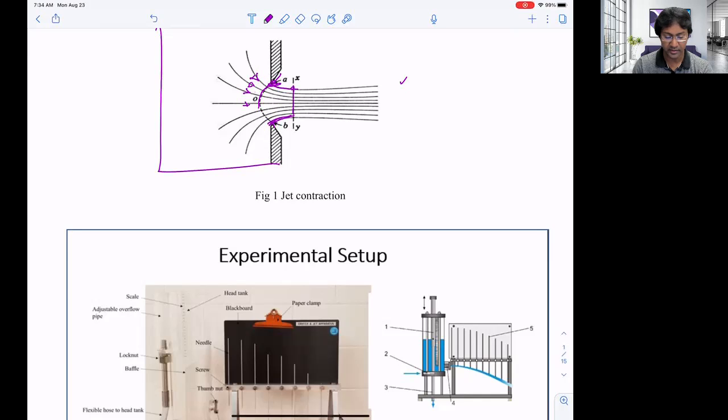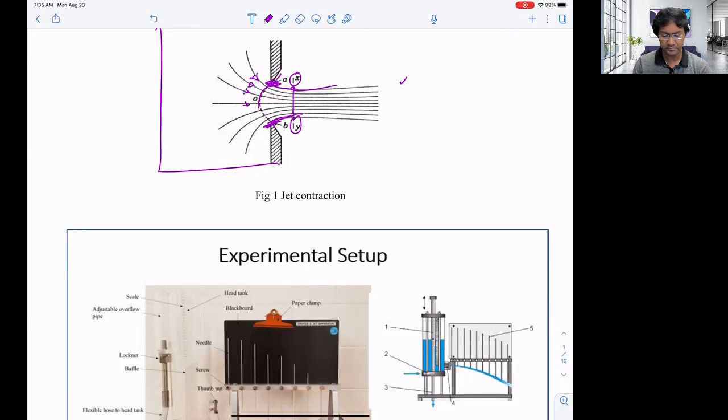If we know the diameter of this opening, we can calculate the cross-sectional area. But the cross-sectional area at section xy is less than the cross-sectional area of the opening. That's why streamlines are converging, and we have a location where the cross-sectional area of the jet is minimum. And then after that, it even starts to diverge.